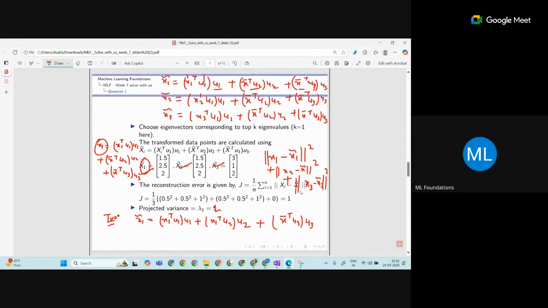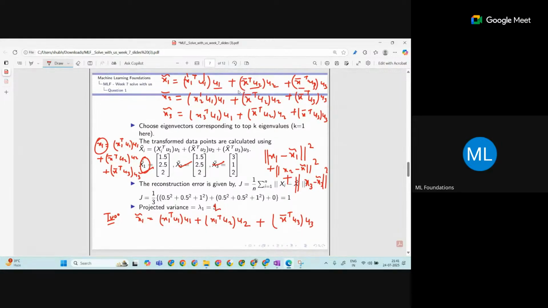See the differences here. Here is your mean, but in the earlier terms it is not the mean, it is the original vector transpose. This is the difference between two-dimensional and one-dimensional reconstruction.